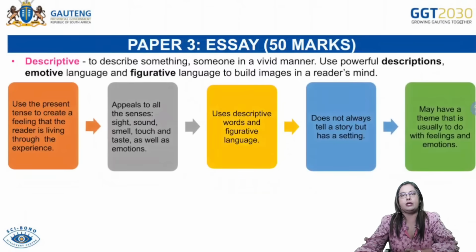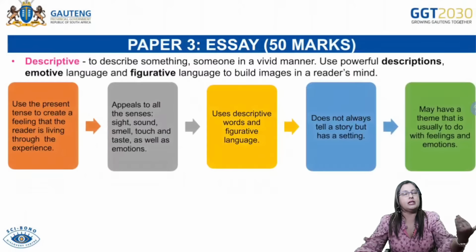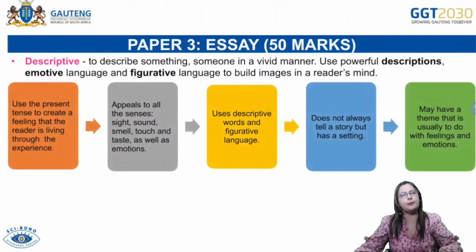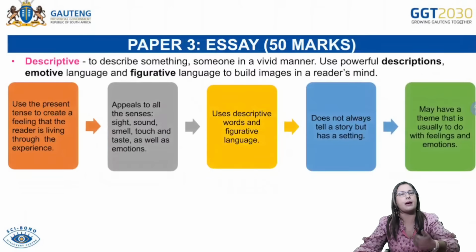With regards to the descriptive essay, you again can use the present tense to create that feeling of the reader going through this experience with you. Try and appeal to all the senses as far as possible, in terms of their sense of smell, touch, taste, as well as their emotions. Try and tap into that.